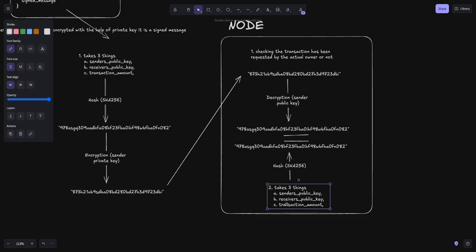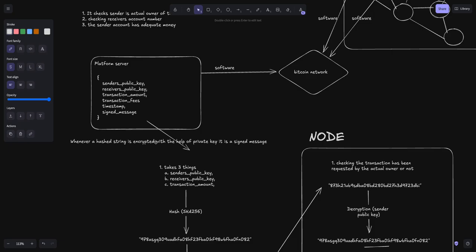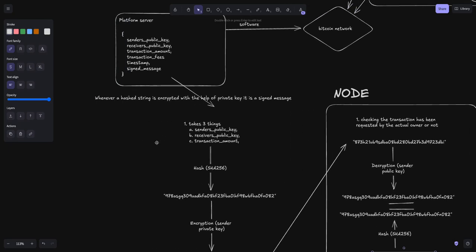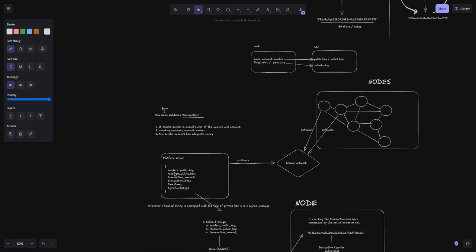And with the help of the sender's public key, receiver's public key, and the transaction amount, we created a hash and it was the same. Hence, this is the first stage of validation. What did we check here? We checked that yes, the transaction has been requested by the actual owner, which is the sender.